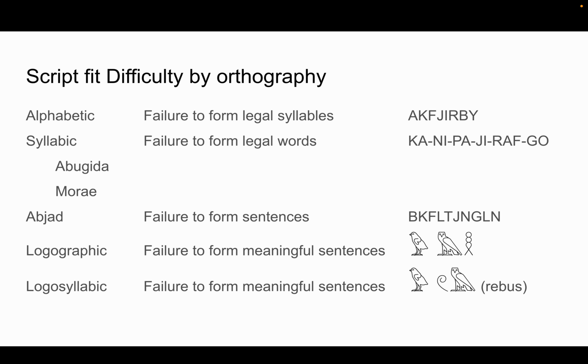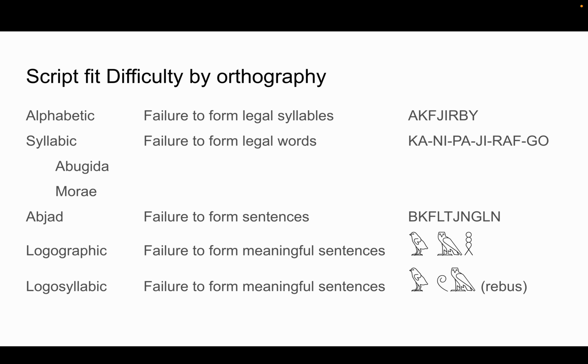Whereas in syllables, you have a more natural sequence of syllables and vowels that you can try to create words. But it will be very hard to create many legal words. Some of these sequences will not be words in your language.